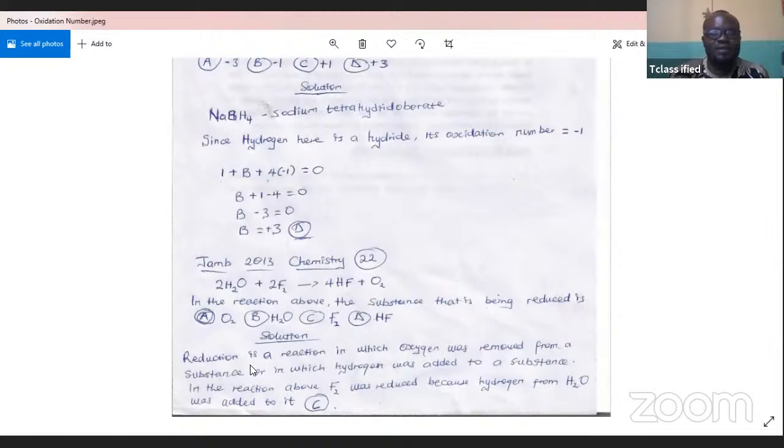That is why option C is the answer, because reduction is a reaction in which oxygen is removed from a substance or in which hydrogen is added to a substance. So in the reaction above, the fluorine molecule was reduced because hydrogen from H2O was added to it.